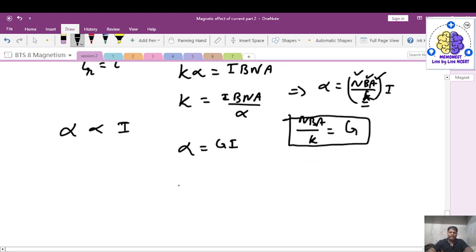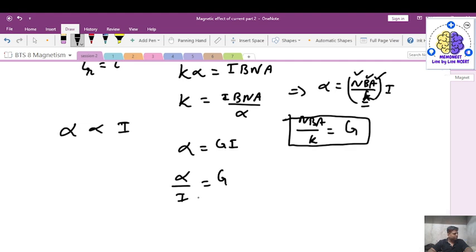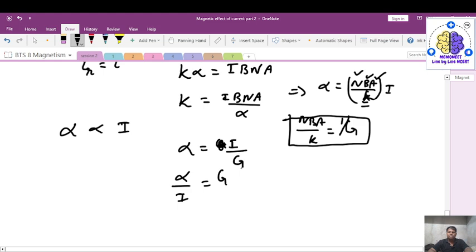Now, if I write it as alpha upon I, this will be equal to G. All right, this is 1 upon G, so alpha upon I equals 1 upon G, and this 1 upon G is known as sensitivity.